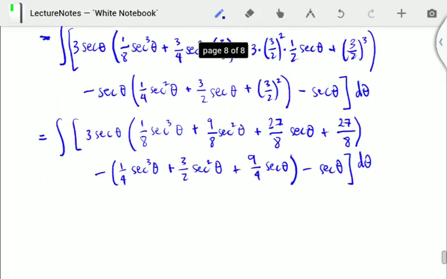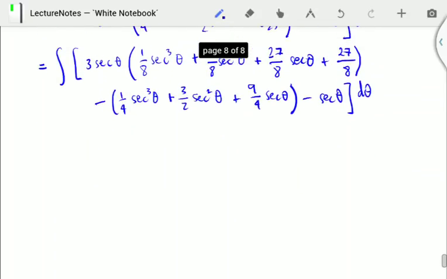Now let's also distribute the secant in the first term, and in anticipation of the terms that will combine, let's write them such that their denominators are the same, with the powers of secants that they will combine with.